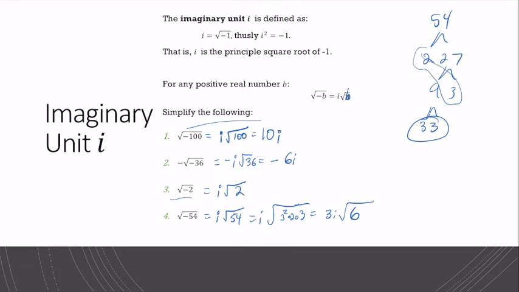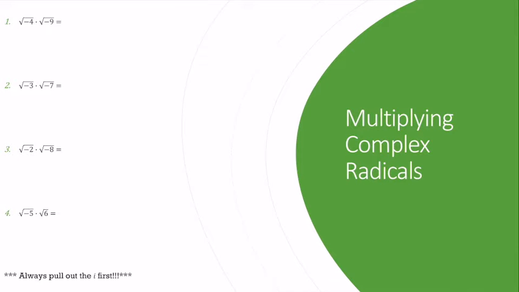So we simplify radicals that are imaginary the exact same way. The thing is just first we have to pull out a factor of i. So when we're multiplying complex radicals, it could be really tempting, right? Remember when we multiply radicals, we multiply what's under the radical symbol. So the square root of a times the square root of b would be the square root of ab.